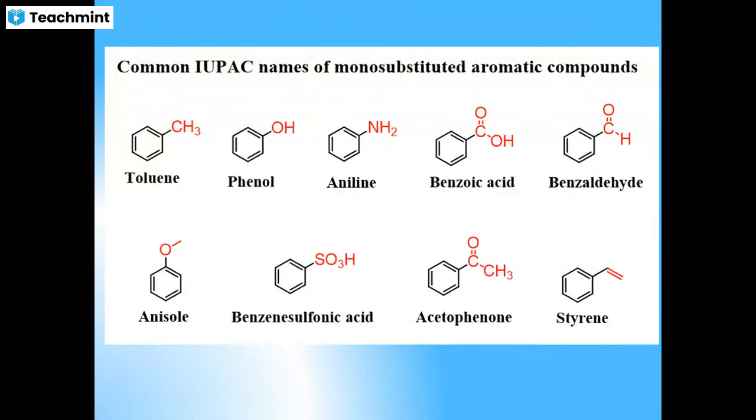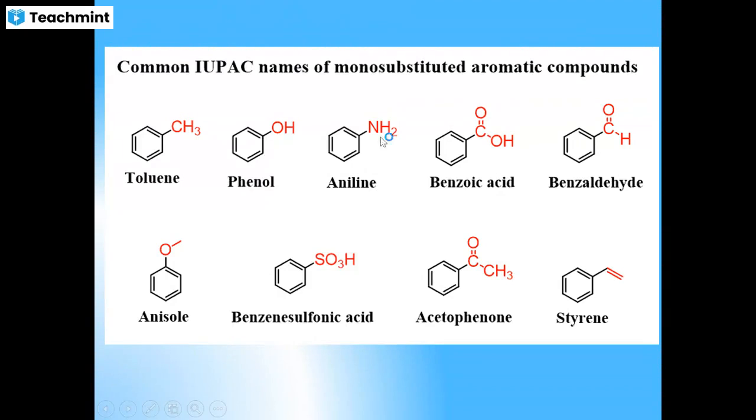Now you can see many more examples of monosubstituted aromatic compounds. In the first one, a methyl group is present, and it is called toluene, the common name, but this is methylbenzene. An OH group, a hydroxy group, is present on benzene as a substituent, so we use the prefix hydroxy: hydroxybenzene. The common name is phenol. Then aniline.